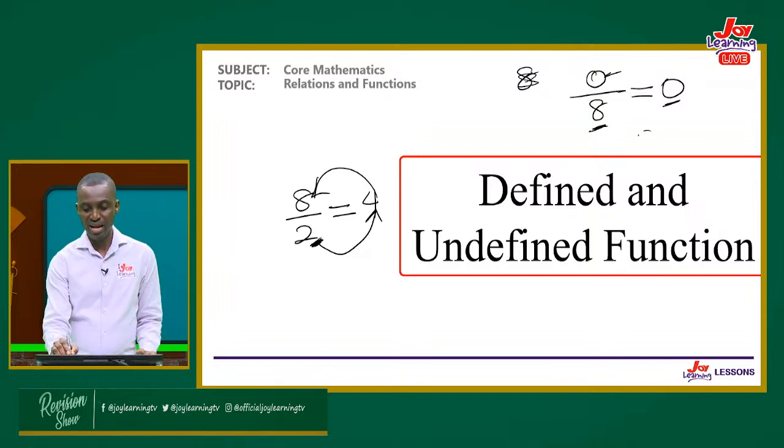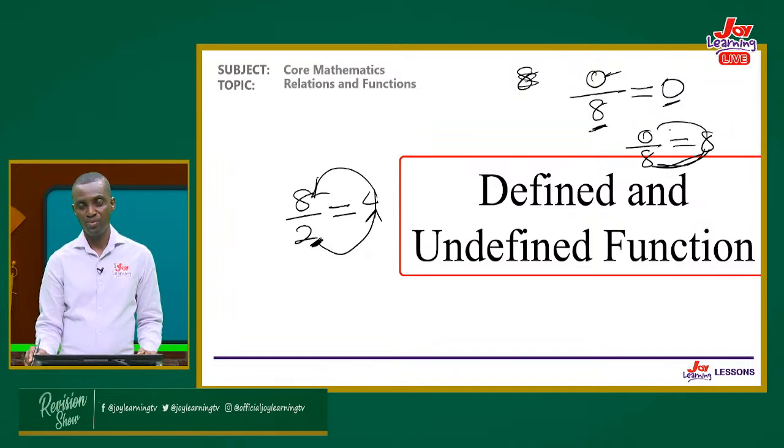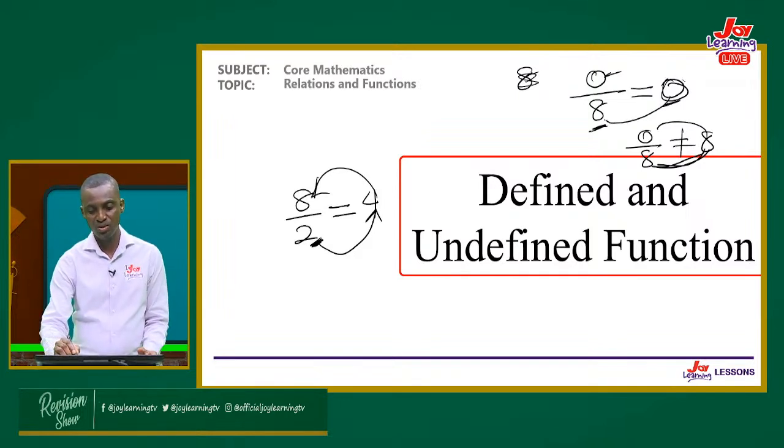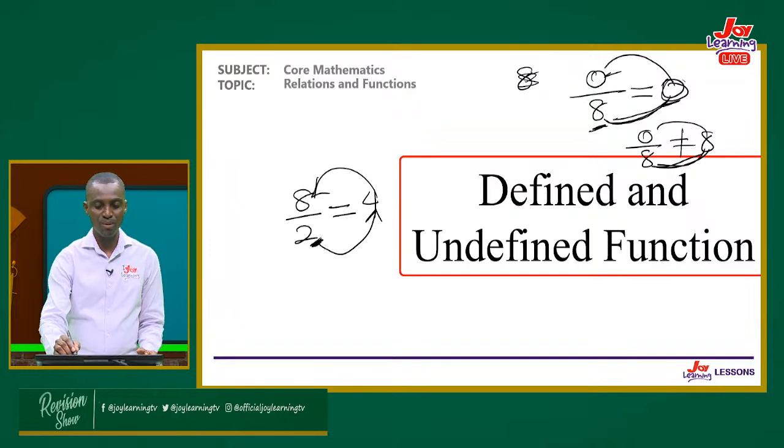And if you think the answer is 8, let's put 8 here. 8 times 8 should be 64, but that is not 0. So the answer cannot be 8, but rather it should be 0. And the confirmation is that 0 times 8 gives me back 0, and that is also perfect.